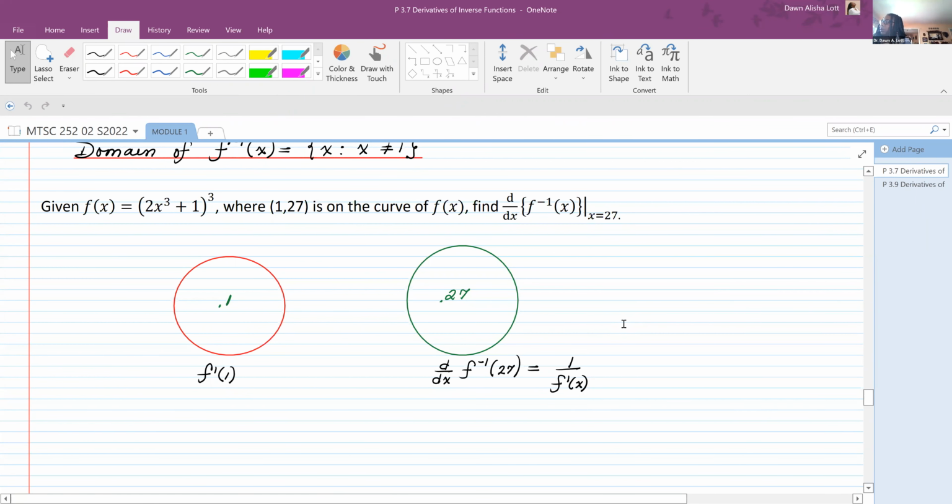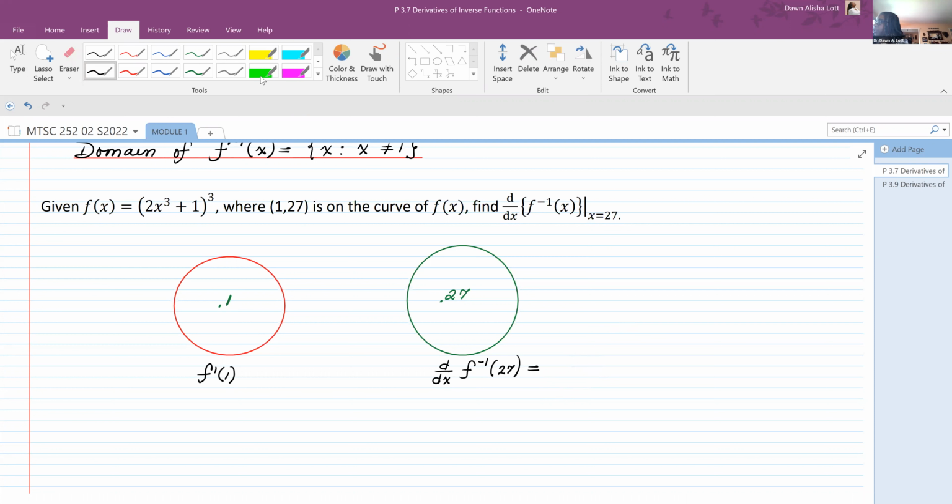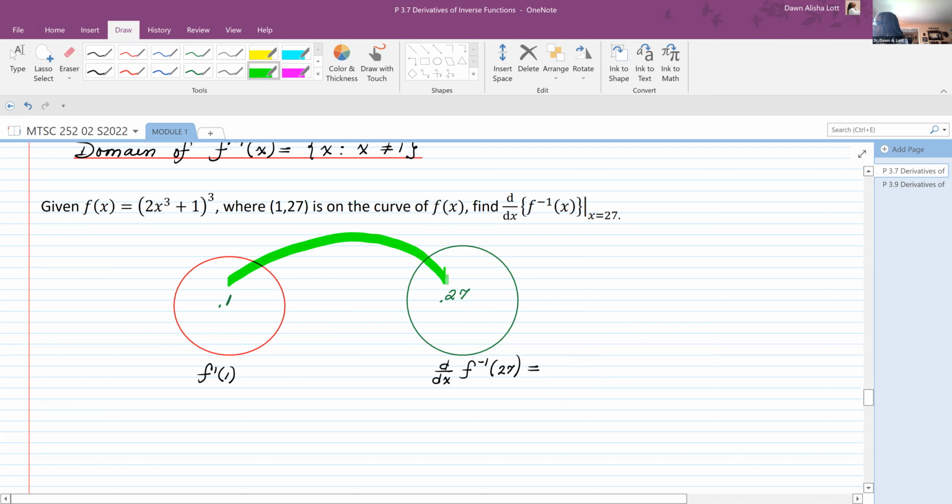I want to add a little bit to this picture here. The first thing is that we know that the function f picks up 1 and takes it to 27. And we know the inverse function, which we have not found.